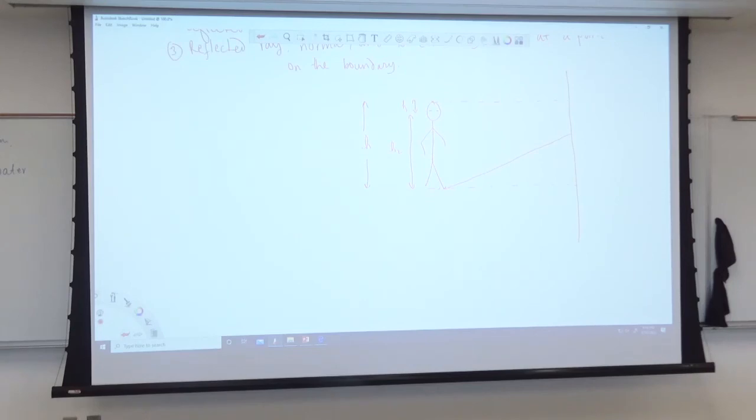And then this ray will follow the law of reflection. So that's the normal.